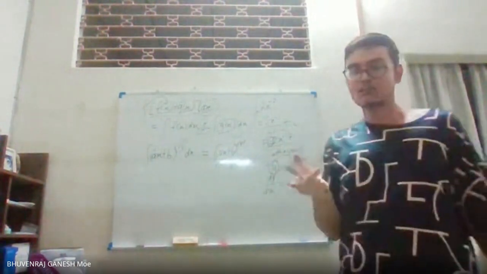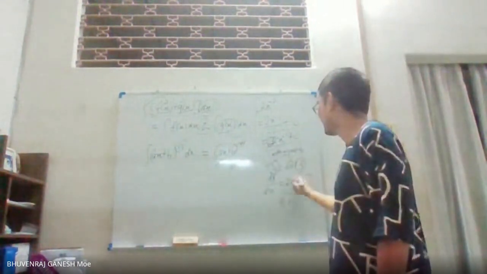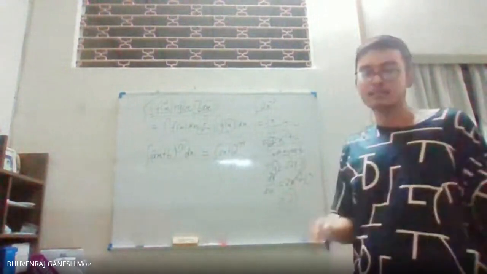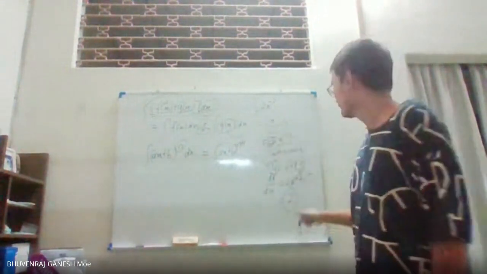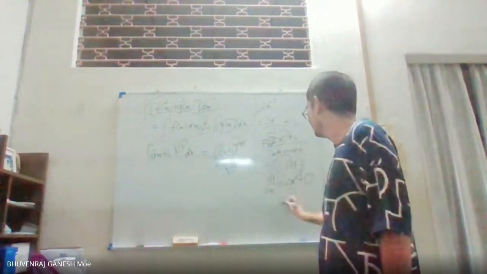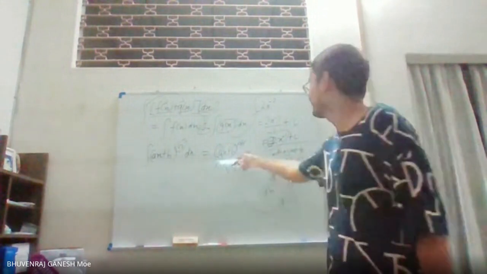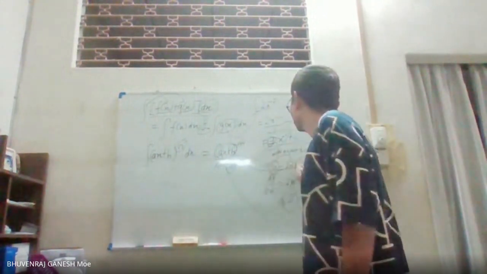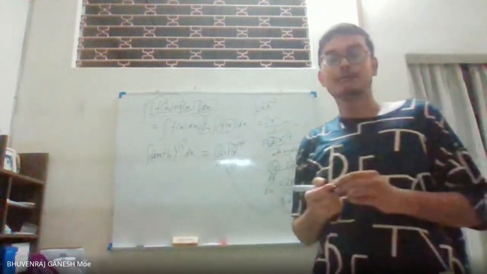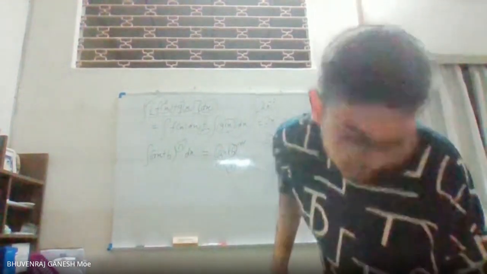So your final answer is 2 only. x power 0 is 1. Anything power 0 is 1. So you get 2. That's why they add here a. a is your 2 actually. a is a constant. So b is like the 3. b is like your 3 here. So you can see the relation, isn't it? Yeah. So this is how the formula comes.